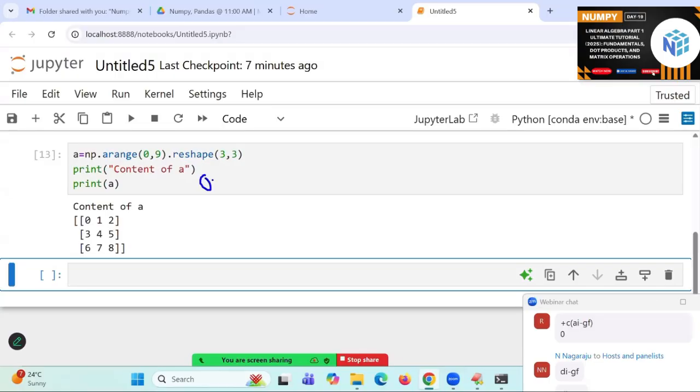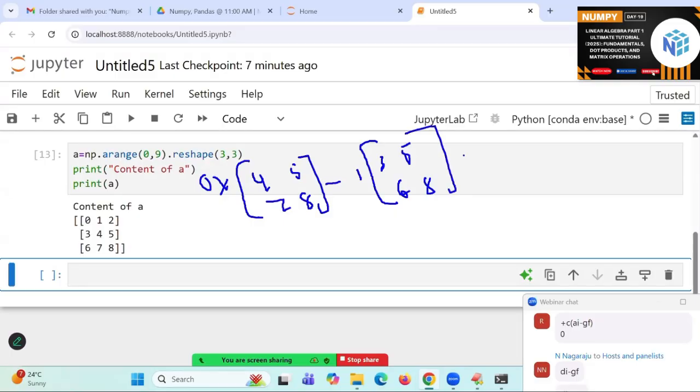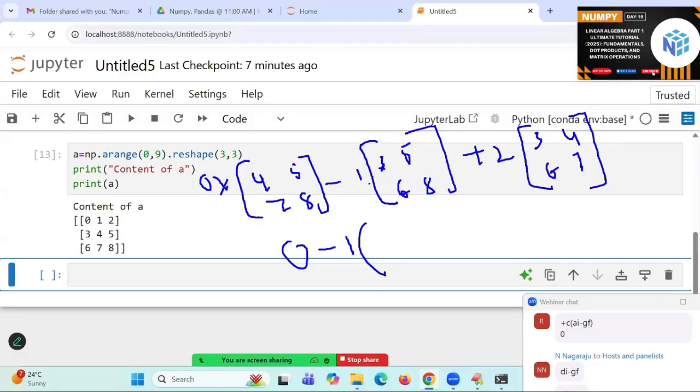Start 0 into what are the values now? 4, 5, 7, 8, minus 1 of what? 3, 5, 6, 8, 8 plus 2 of 3, 4, 6, 7, 7. This is anyhow 0. Minus 1 into 1 of what is this? 3, 8.